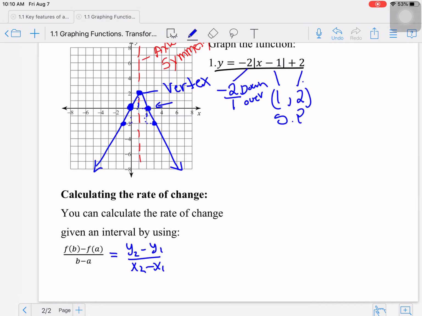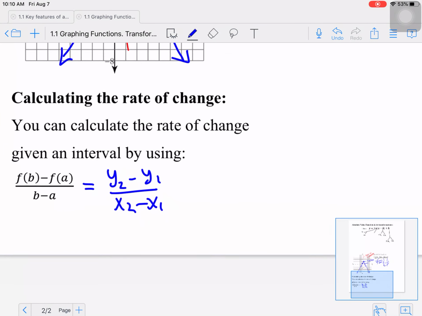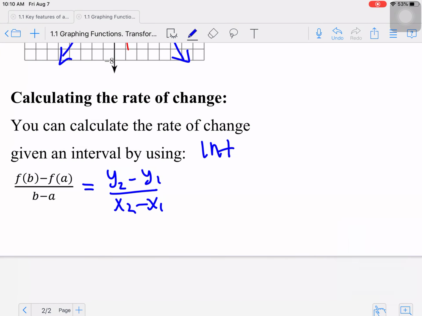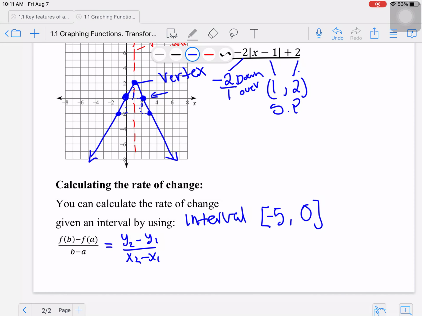Okay, so just to give you an example, let's say I want to calculate the rate of change given the interval negative 5 comma 0, right? That means that I want to know what is the rate of change between here and here.